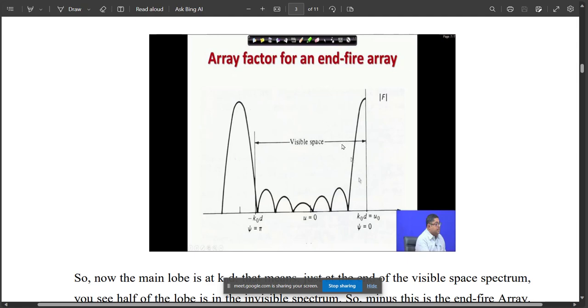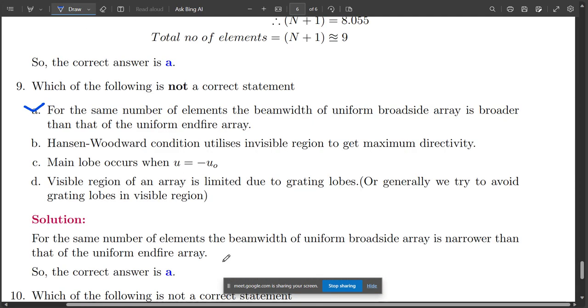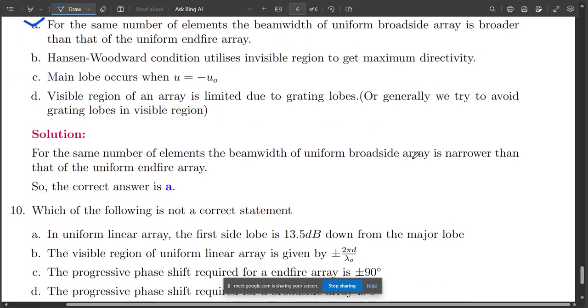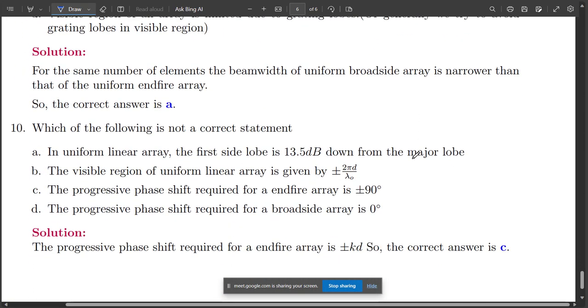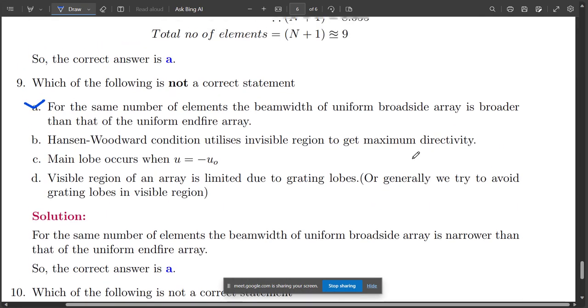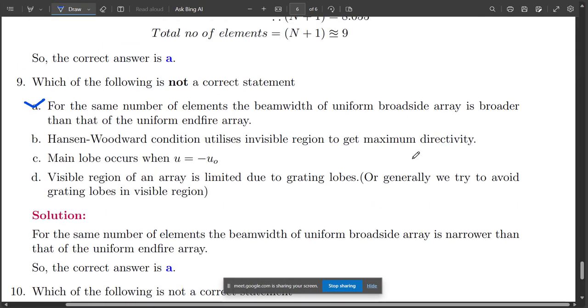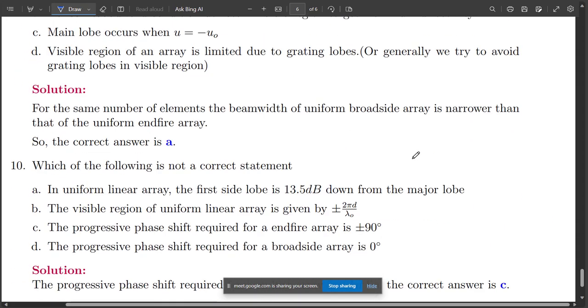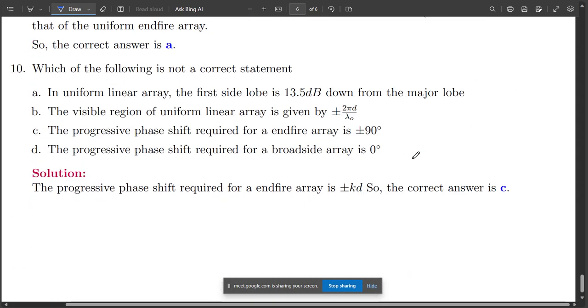So our visible region is till this one. We don't take the grating lobe region. And yes, Hansen-Woodward condition utilizes invisible region to get maximum directivity. Yes, this statement is correct. Do you have any doubt, anyone? No. Okay, so let's go to the next question then.